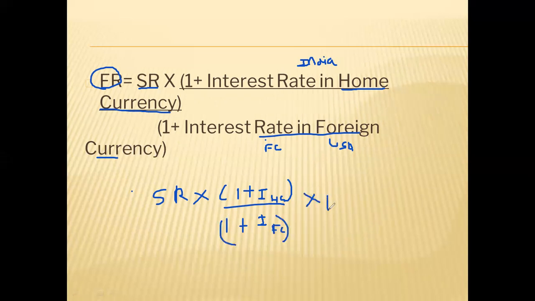Not multiplied by 100, because we will get the currency value, no? So you will get the theoretical forward rate. Using this formula, you can predetermine the forward rate for any month if you want.